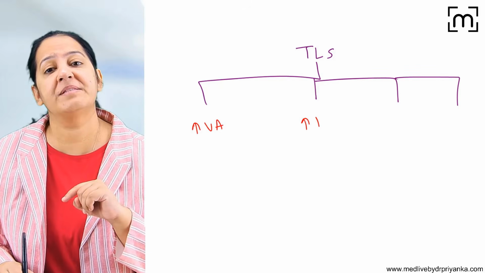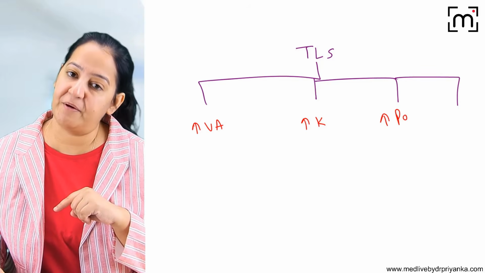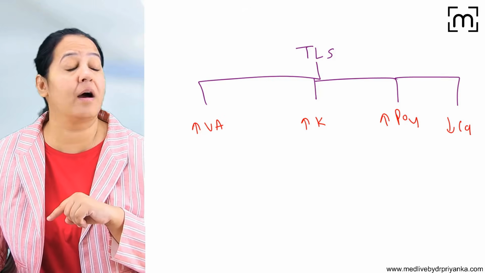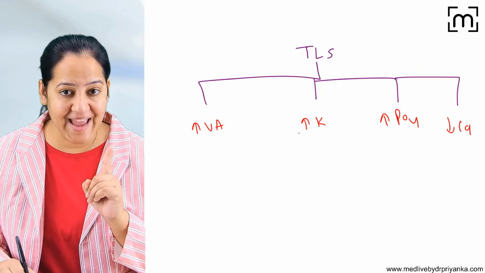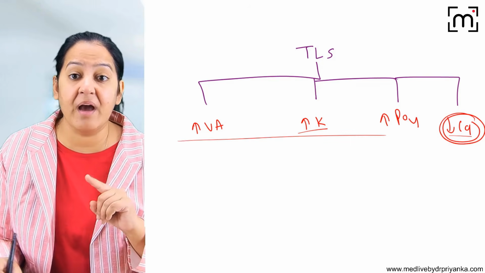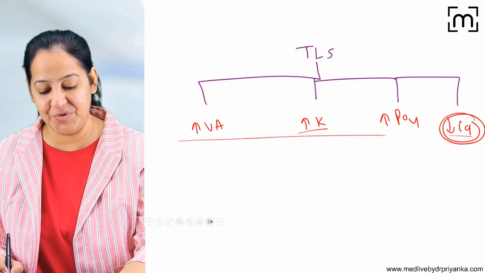From the cytoplasm, potassium is coming, so hyperkalemia. From the cytoplasm, phosphate is coming, so hyperphosphatemia. Phosphate will combine with the calcium in the blood, so hypocalcemia. So only calcium is low and the remaining 3 are high. That is the deadly combination. The 4 things which happen in tumor lysis syndrome.